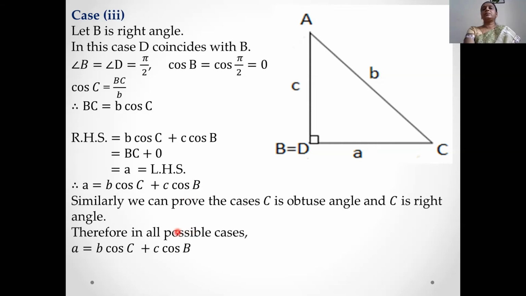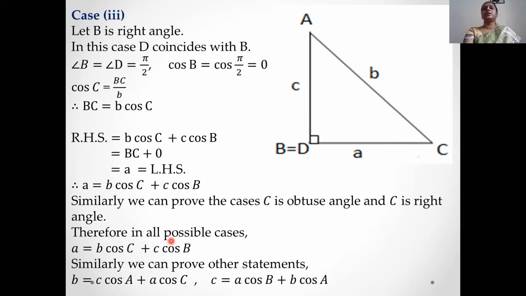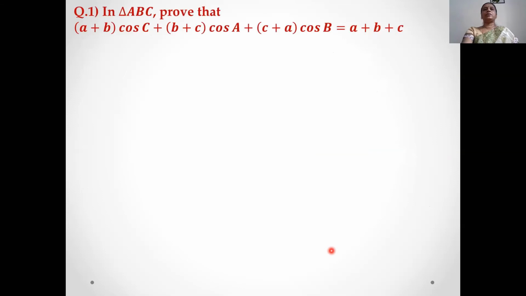In this proof, it is not necessary to prove all the three cases. You prove only one case and you write down that similarly you can prove the other statements. In this way, it is very simple to prove the projection rule considering these three cases. Then we will see the problems on projection rule.